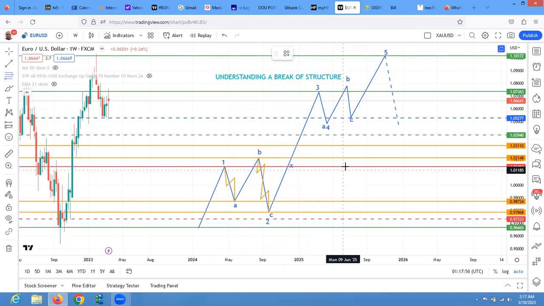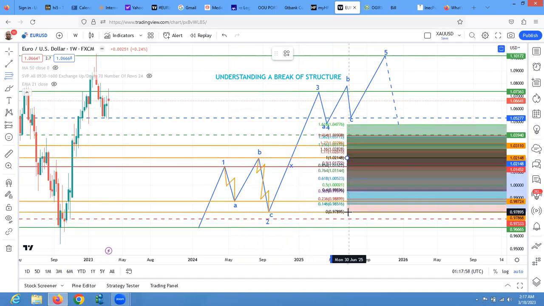And most of the time, when you see a retracement of C, because this is your wave C, this is where 85 is. This is where 123 is.